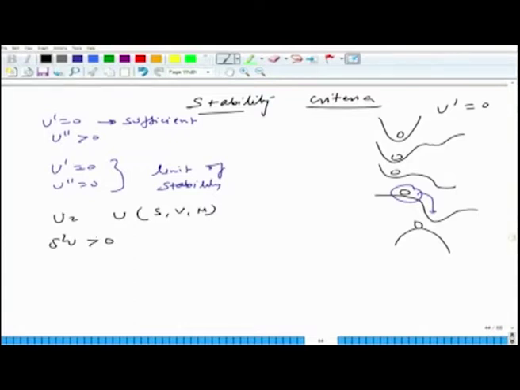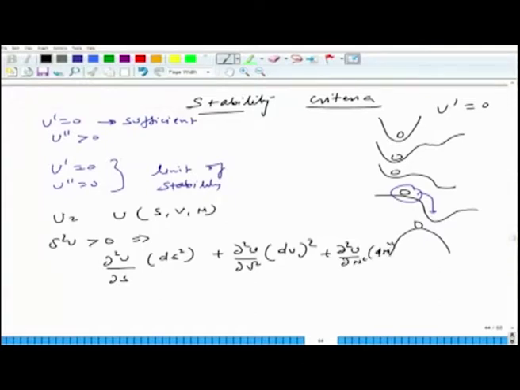Now, since this is a function of S, V, N, I can write this as a sum of various different second order derivatives, okay, plus 2 times the mixed derivatives. Just for completeness I am going to write it.